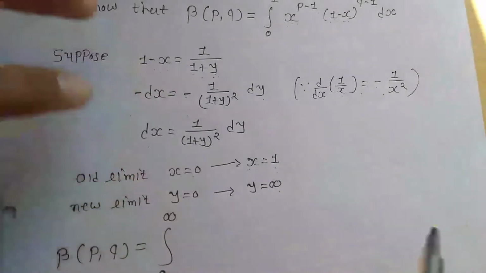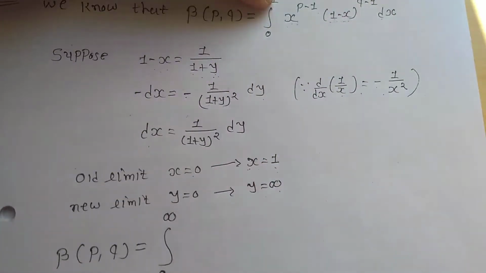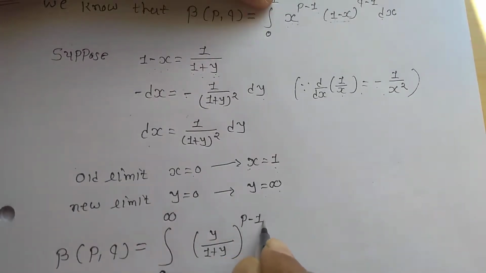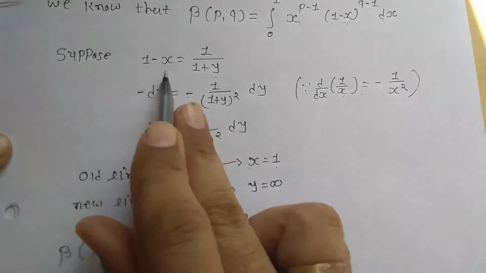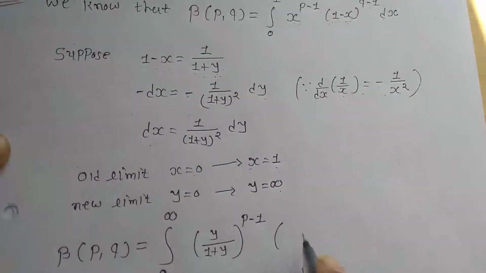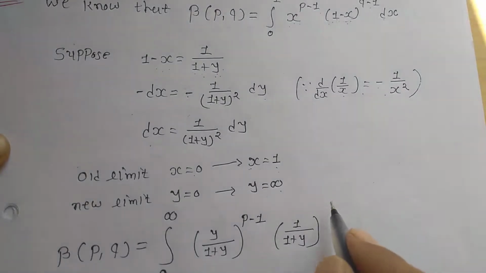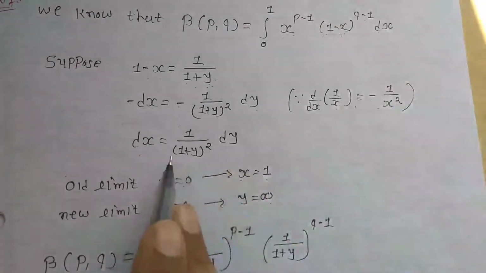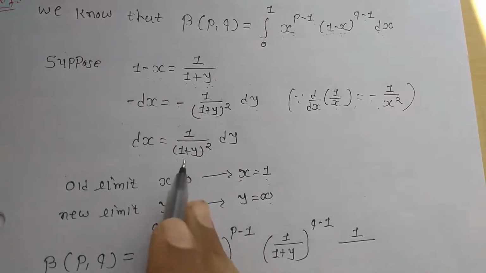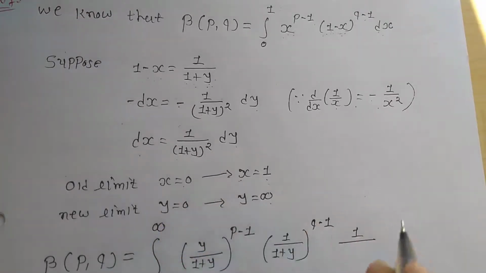So your x is y upon 1 plus y raised to p minus 1, into 1 minus x raised to q minus 1, but we have 1 minus x is 1 upon 1 plus y. It is 1 upon 1 plus y raised to power q minus 1, dx, but we have dx is 1 upon 1 plus y whole square dy.